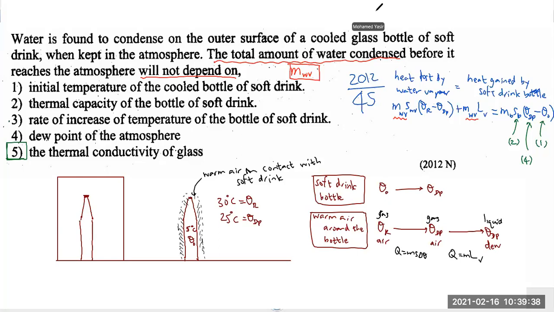So thermal conductivity cannot affect that. If you want to talk about thermal conductivity, you should consider a situation where heat is traveling through the cross section of the glass. It doesn't happen that way here. In case heat is traveling from inside to outside or outside to inside, then thermal conductivity is okay.